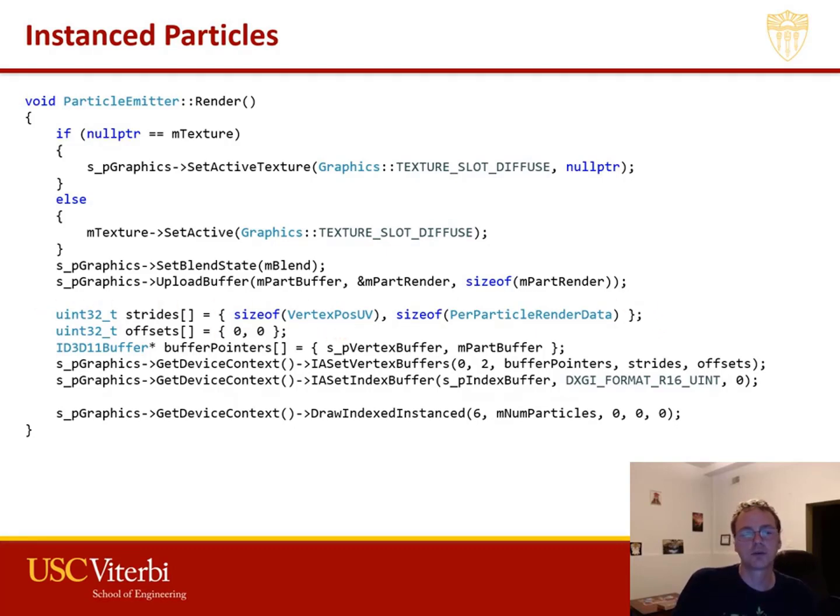Okay, I need to tell the GPU what the stride of my data is. And you'll remember this from before. We used this same command before. You may have to dig pretty deep or maybe just roll back through your code. Take a look at your code. How did we draw a vertex buffer? A regular vertex buffer. We only gave it one vertex buffer and we gave it an index buffer. So here's your index buffer again, just like we had before.